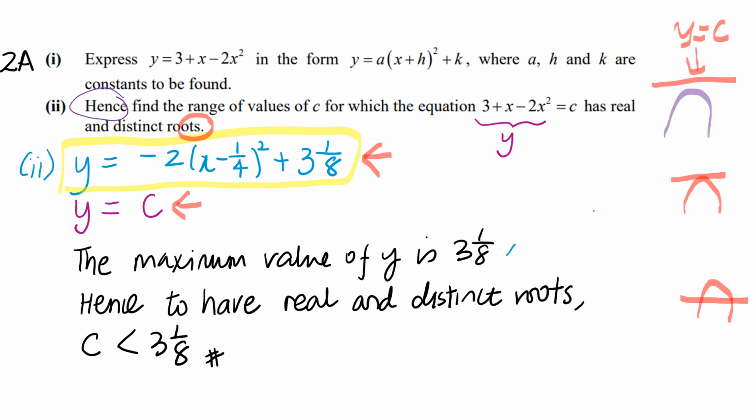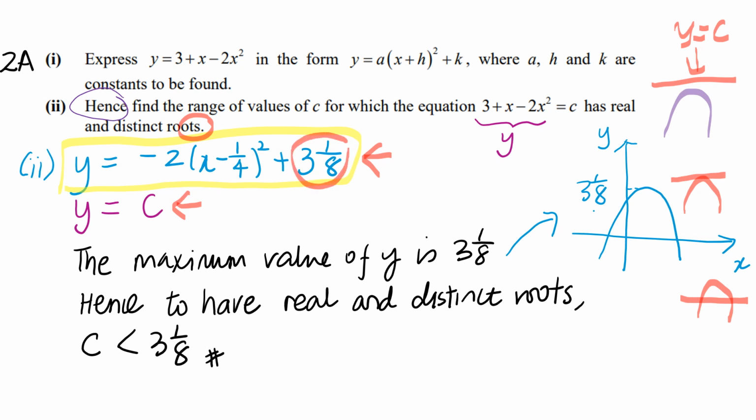From part 1, we know that the maximum value for y is 3 1/8. Not maximum point, sorry, maximum value. 3 1/8 is the maximum value for y. Therefore, to have distinct roots you must have two intersection points.